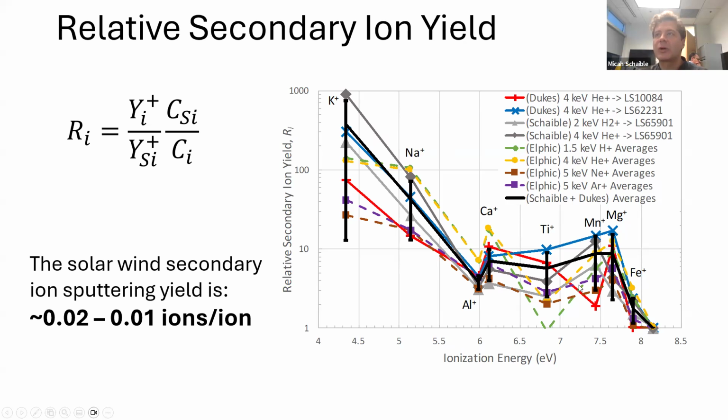And so there's still a lot of work to be done here to better constrain these relative secondary ion yields so that we can use a measured SIMS spectra to truly understand what is the composition of the underlying surface.